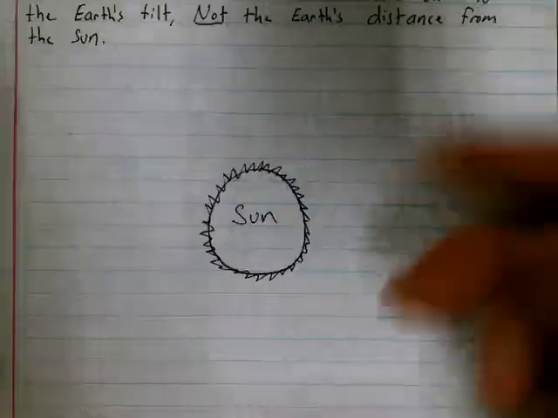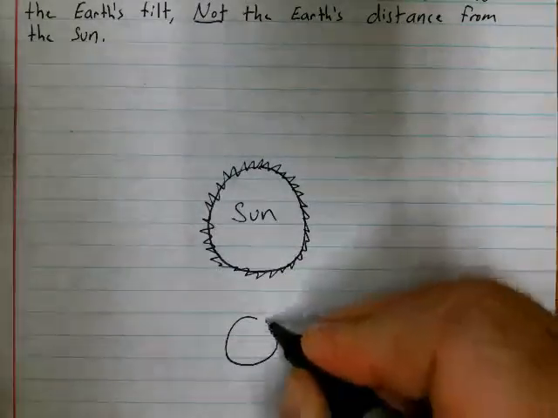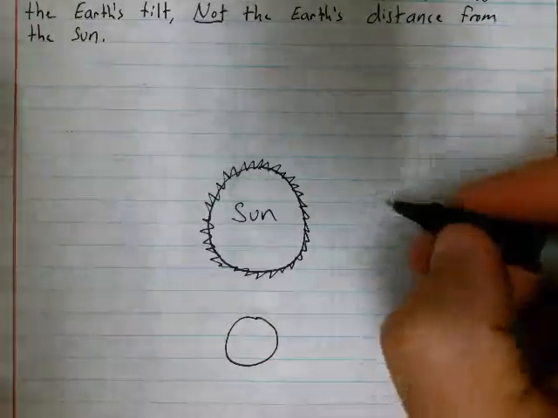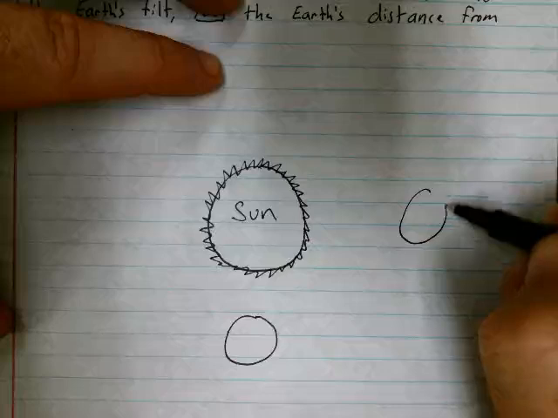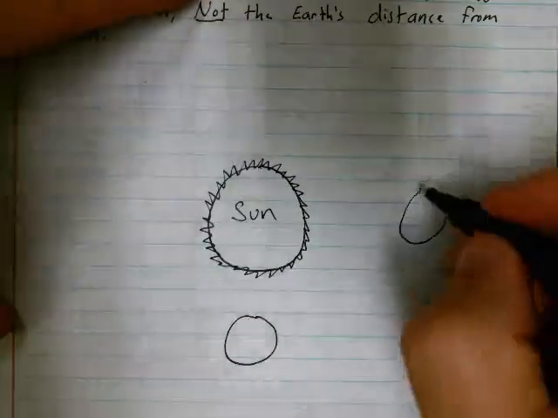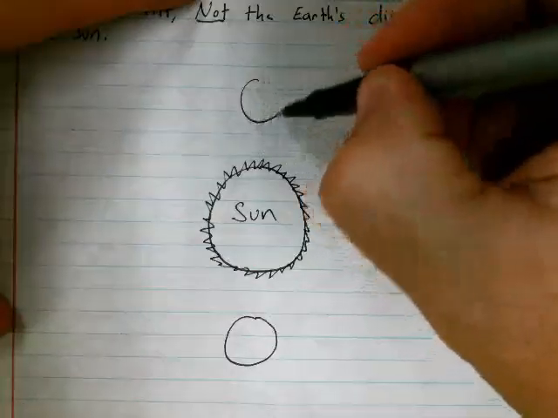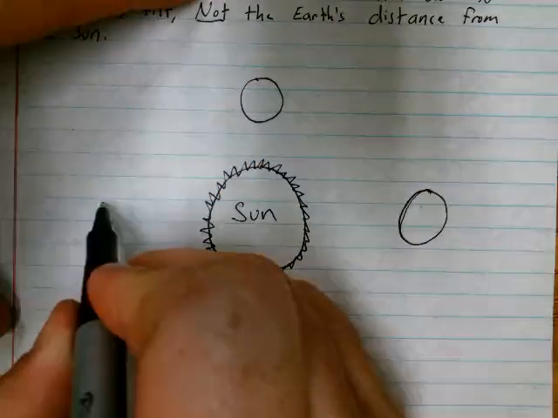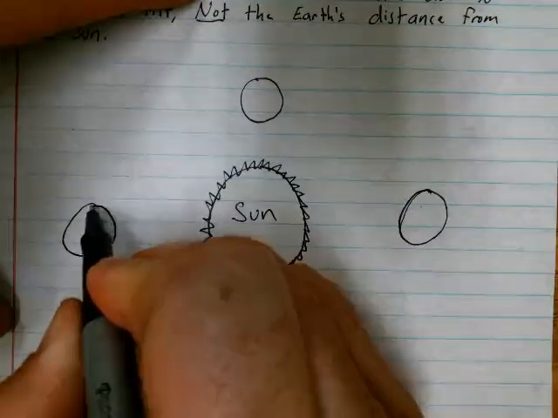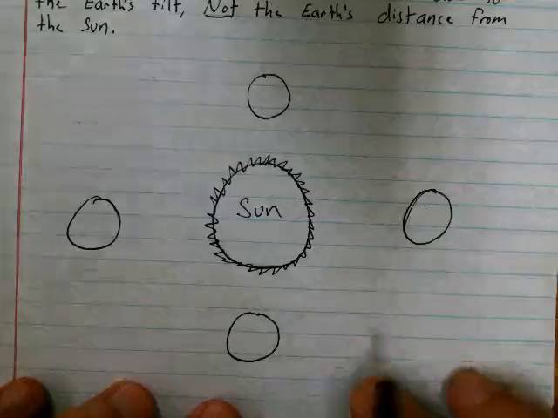Then I'm going to draw 4 Earths. One below, one to the side over here. Hopefully your circles are better than mine. One on top up here, and one to the side over here. Now, this is important.